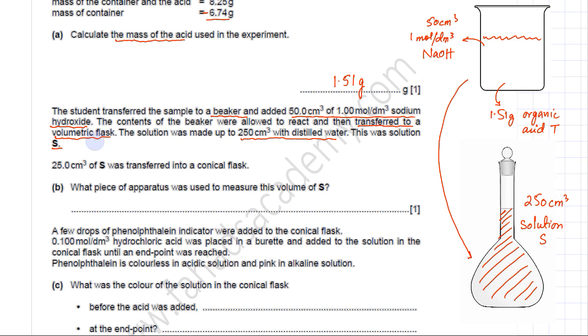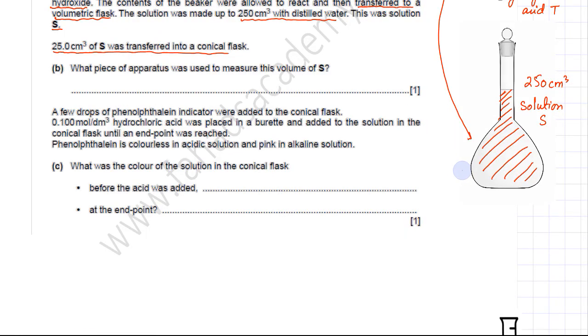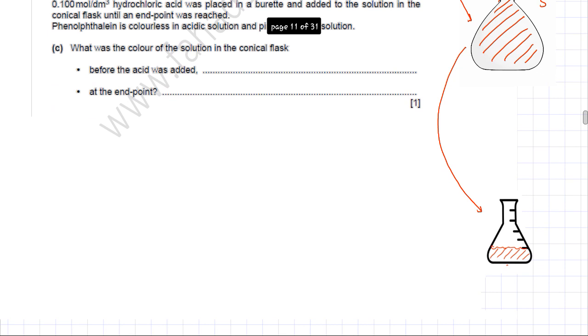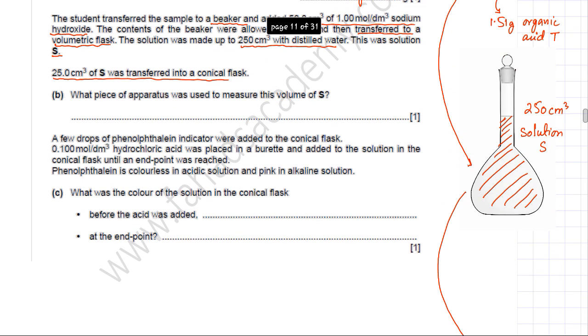After which, 25 cm³ of S is transferred to a conical flask. Only 25 cm³ of S is transferred to this conical flask, after which the question says that a few drops of phenolphthalein indicator were added to the conical flask.